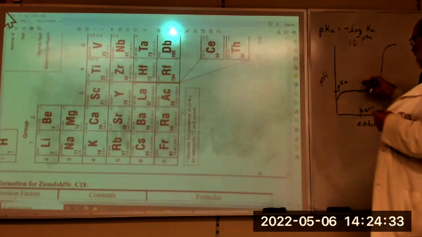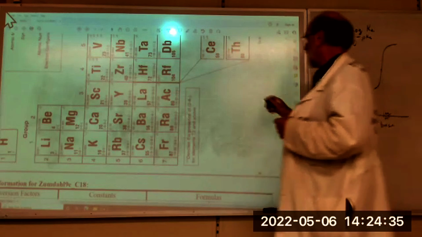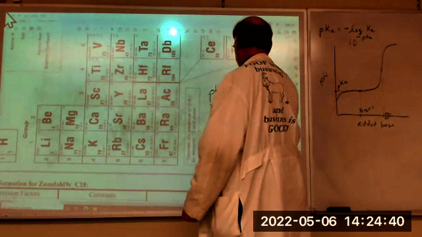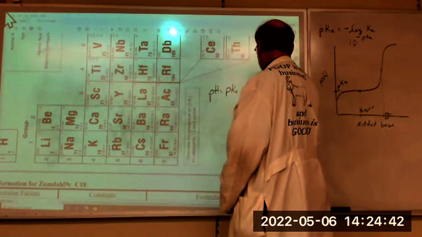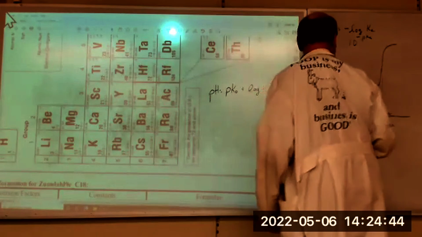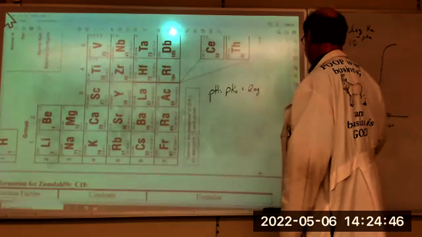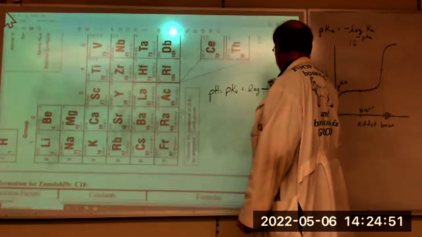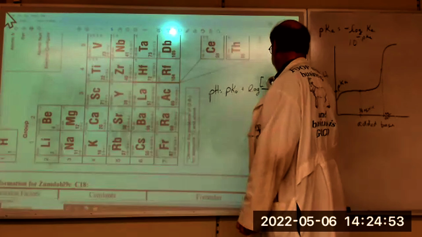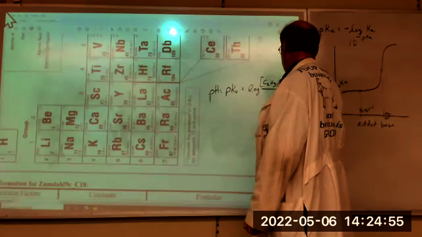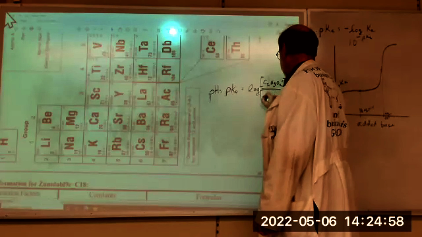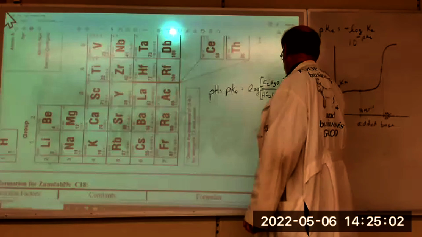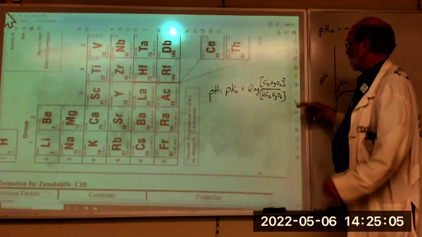Now, why does this work? This works because of Henderson-Hasselbalch. pH equals pKa plus log of, let's see, we used acetic acid, so this will be acetate and this will be acetic acid. Conjugate base, weak acid.